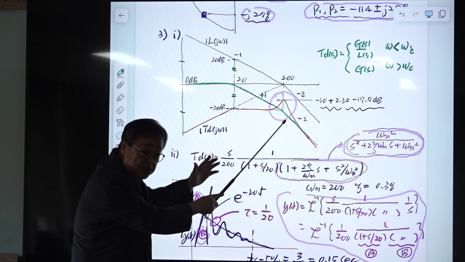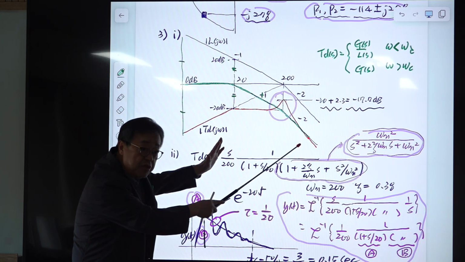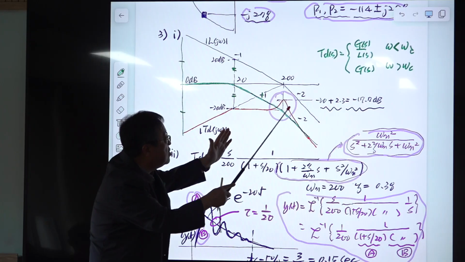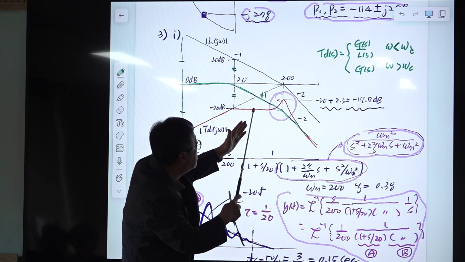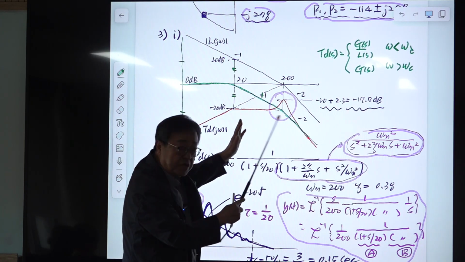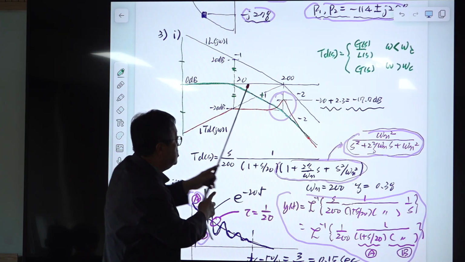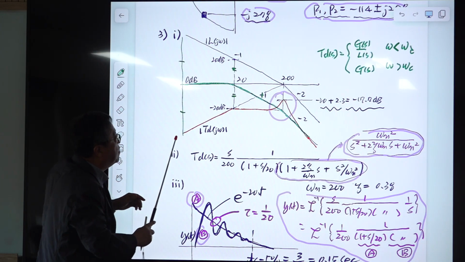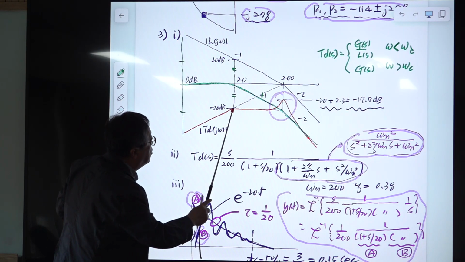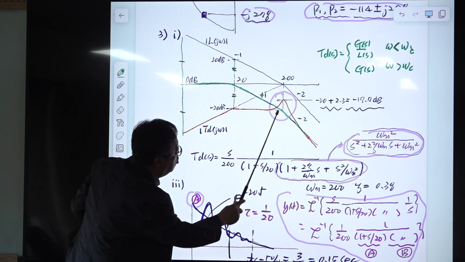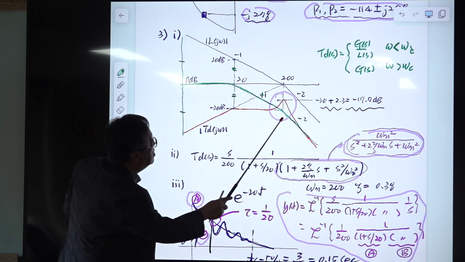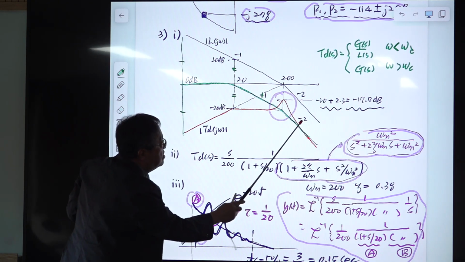Okay, this is a special case. Usually they don't meet. Okay, if they don't meet, then maybe this will be something like this or some changes. But in this case, they meet, then it goes plus 1 slope here and 0 slope. And this has a pole, minus 2 slope.